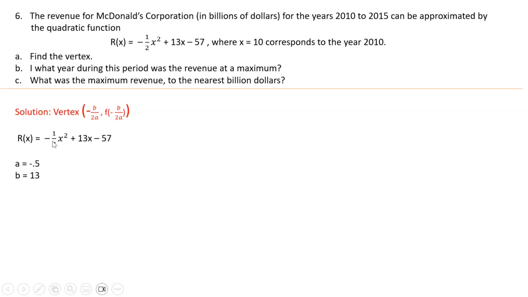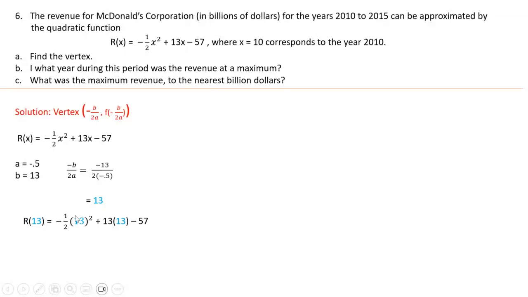So in this case, my a is negative 1/2 or negative 0.5, and my b is 13. So we're going to plug into the formula. It'll be negative 13 divided by 2 times negative 0.5. The answer will give us is 13. Now, to find the y part of the vertex, we evaluate the function at 13, which means we're going to find r of 13.